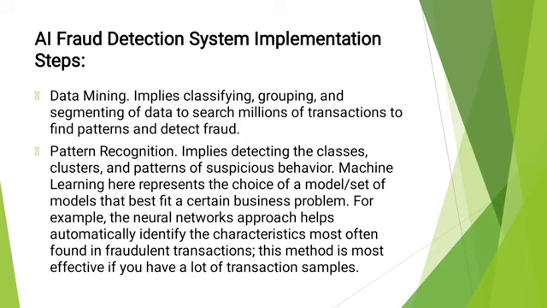Machine learning here represents the choice of model or set of models that best fit a certain business problem. For example, the neural network approach helps automatically identify the characteristics most often found in fraudulent transactions. This method is most effective if you have a lot of transaction samples.